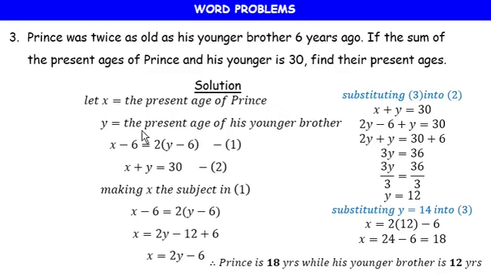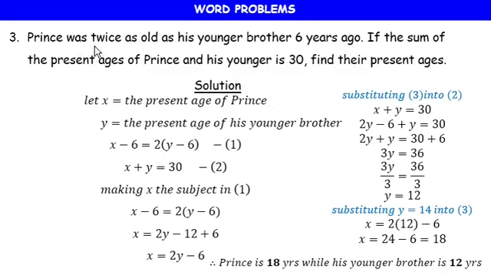So how do you find the age of Prince 6 years ago? Assuming you are currently 17 years old, how would you find your age 6 years ago? It will simply be your present age minus 6. So x is the present age of Prince, and Prince's age 6 years ago is simply going to be x minus 6.